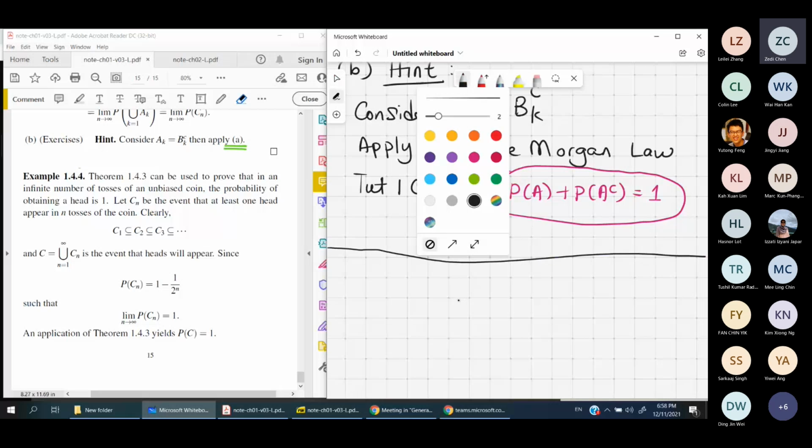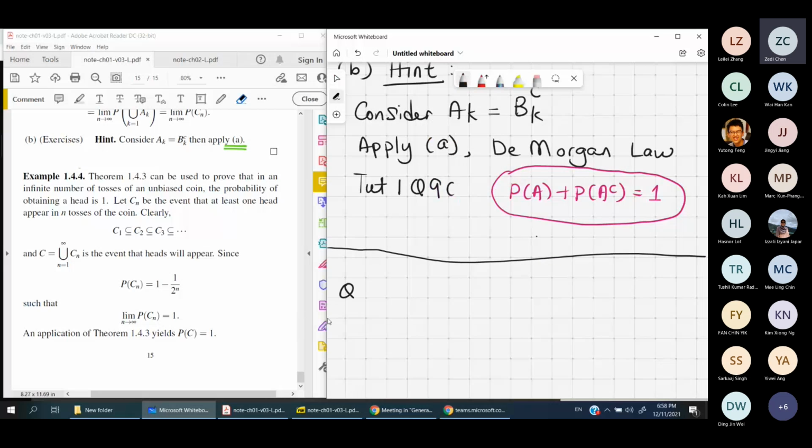Okay, this is the question. Again, we consider a random experiment. That means you just keep on tossing a coin.